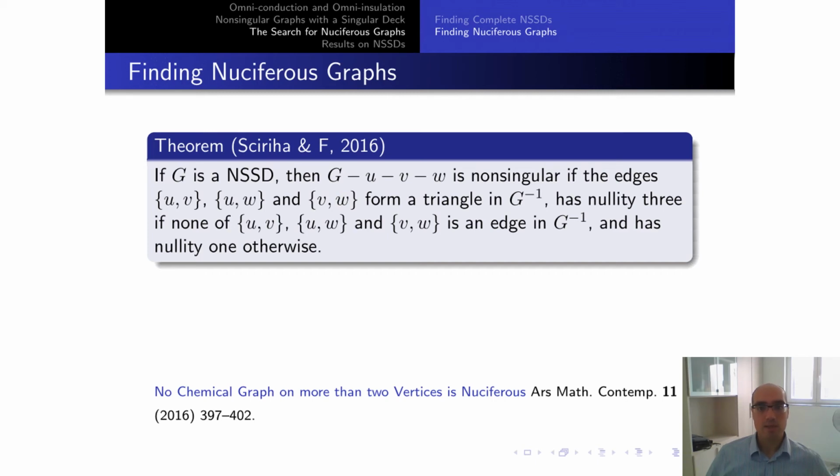The nullity is 3 if all of these 3 edges are not present in the inverse. Otherwise, if there are 2 or 1 of these 3 edges in the inverse, then G minus U minus V minus W will have nullity 1. So nullity 2 is never there. There are no 3 vertex subgraphs of NSSDs having nullity 2.